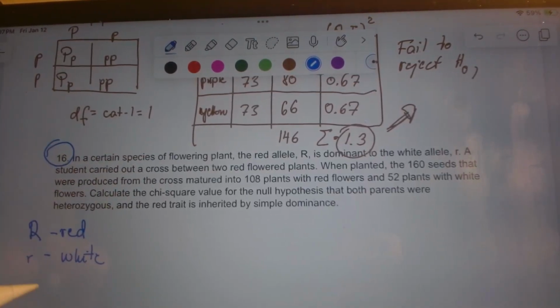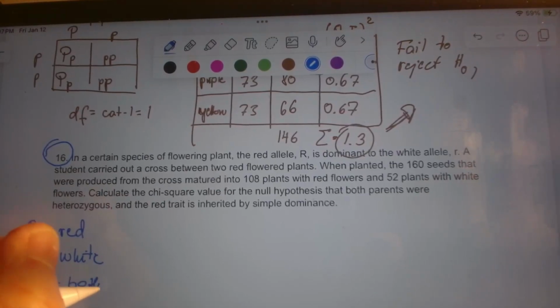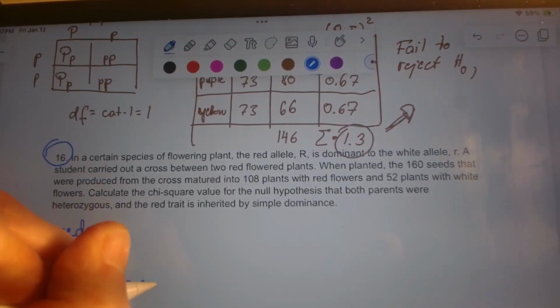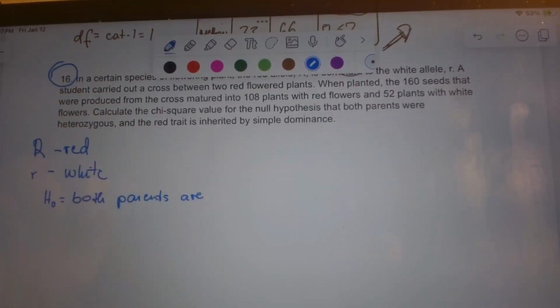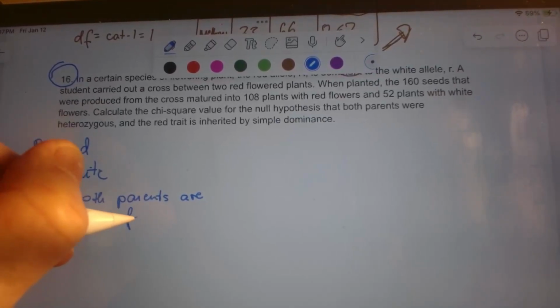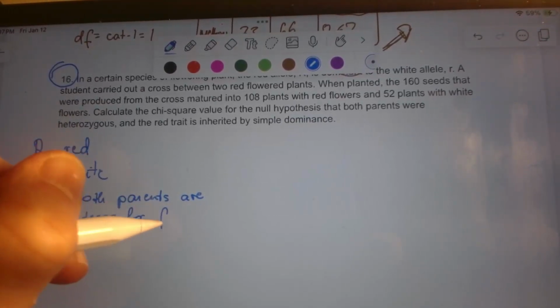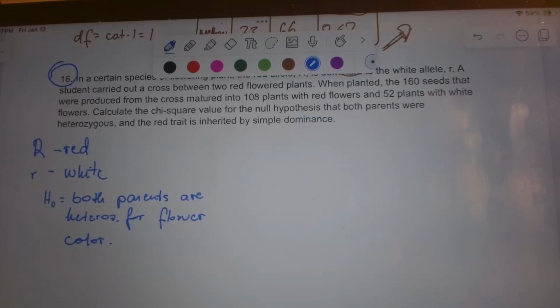Okay, so the null hypothesis equals both parents are heterozygous for flower color. Okay, this is my null hypothesis.